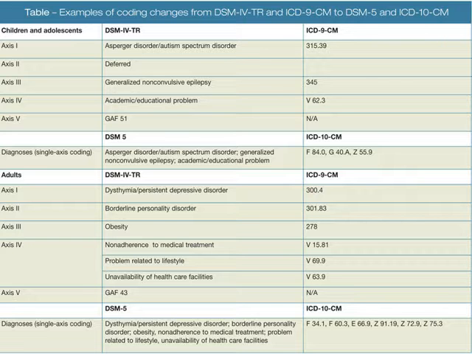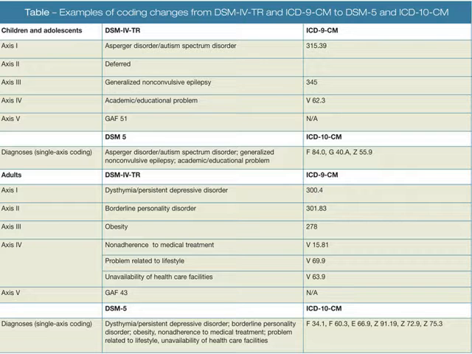More assessment needs to be made. The term deferred is pretty much excised from DSM-5 because we don't have a 5-axial system, and therefore if someone doesn't have a personality disorder or an intellectual disability, we don't even write about that because we just have a single-axis coding structure. Axis 3, generalized non-convulsive epilepsy.